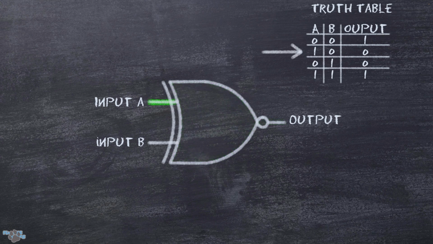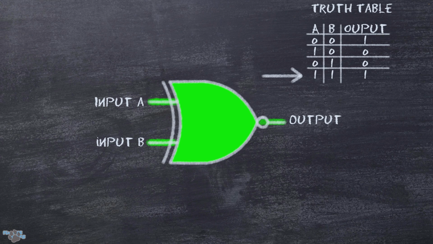When either A or B is in the on state, or 1, we have no output, or 0. If we have both inputs in the on state, we have output. Like the XOR gate, it exclusively accepts only one input to get the output to go into the off state, or 0.